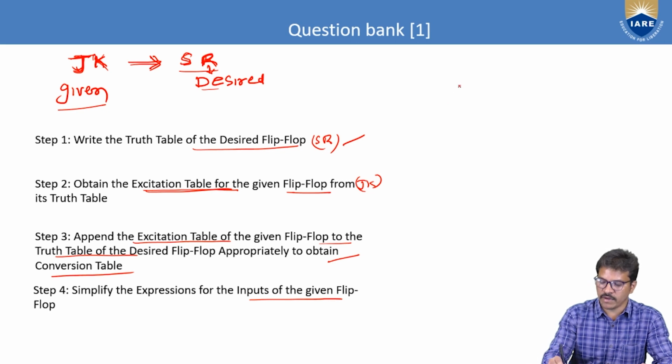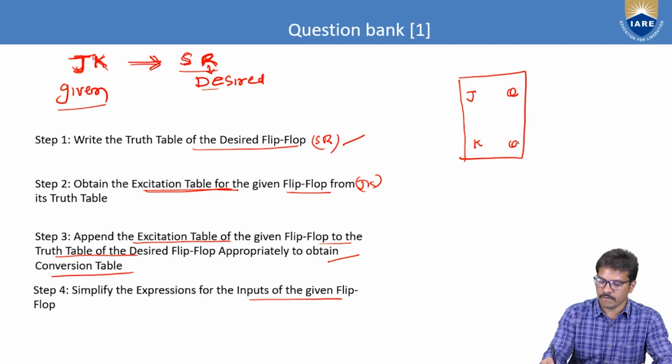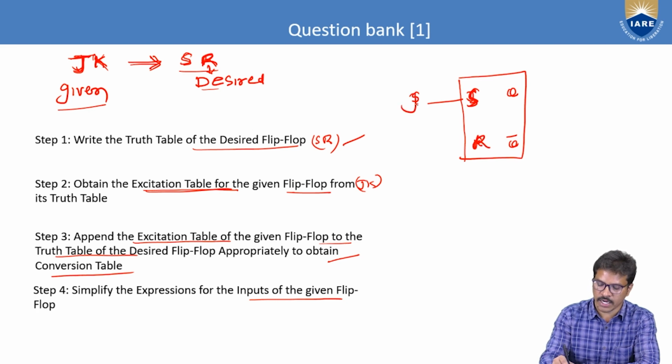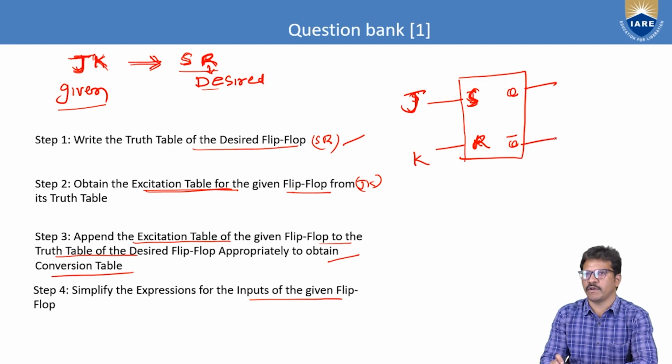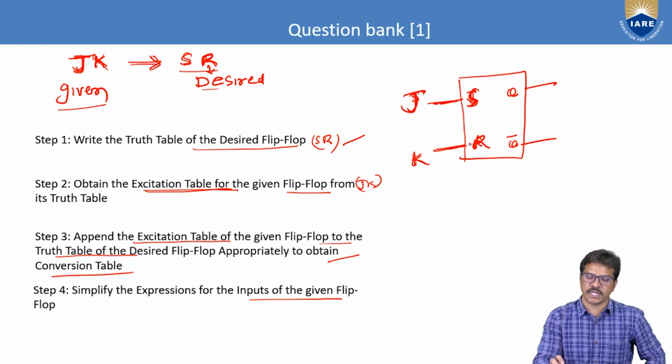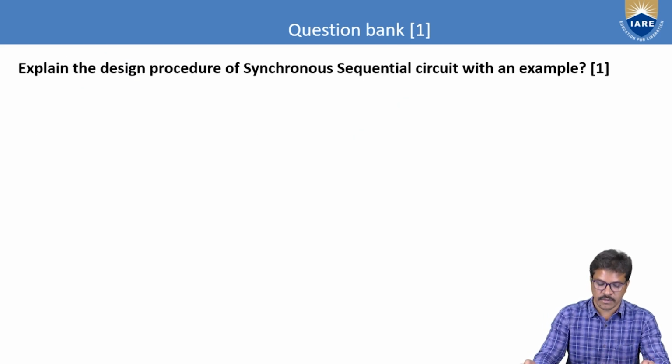Simply take the JK flip-flop and directly connect the S input and R input: you connect J here, you connect K. So J is connected to S and K is connected to R. You will get the conversion between JK and SR flip-flop.